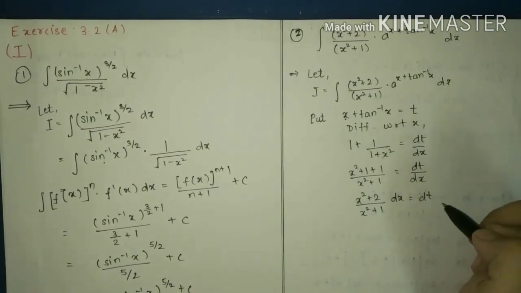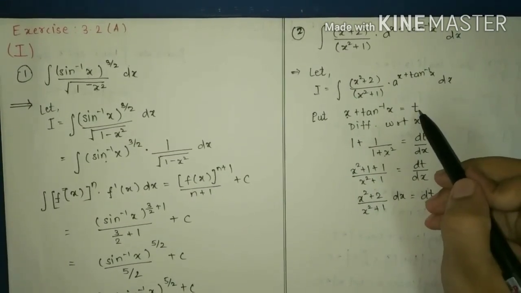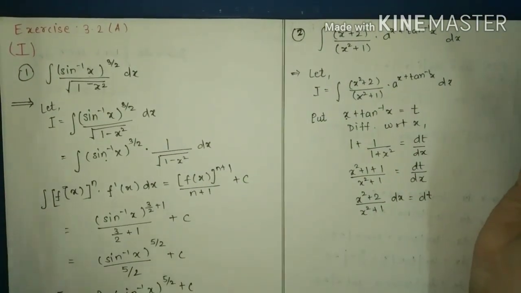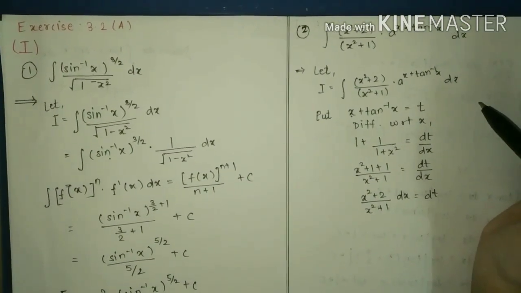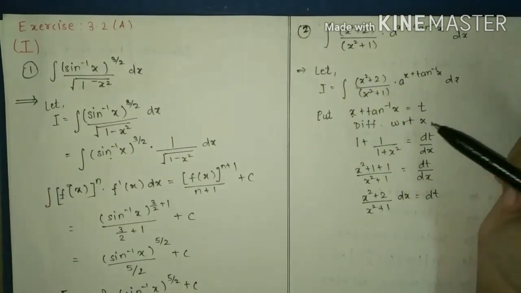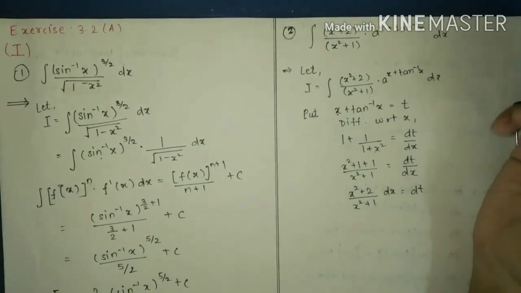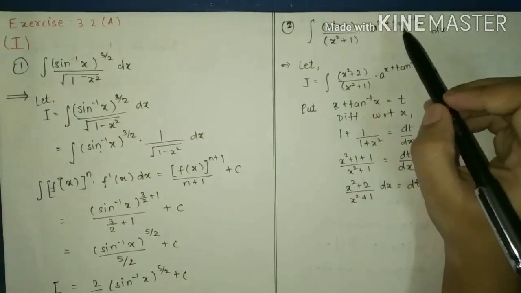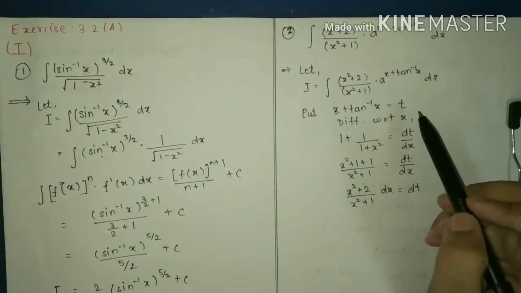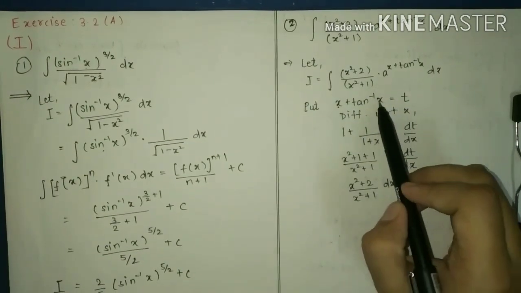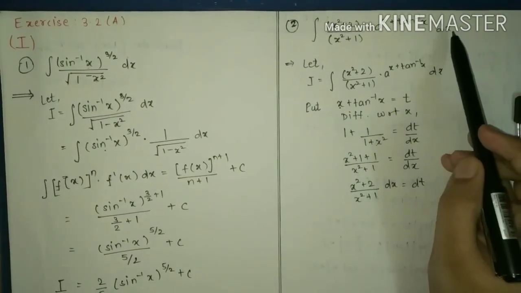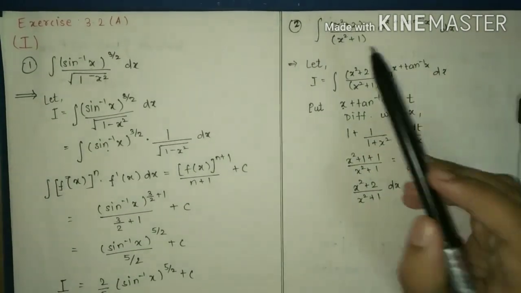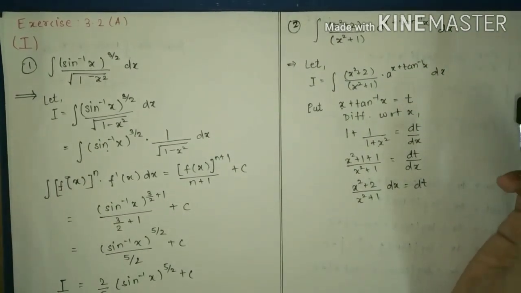So why have we done all this? When we substitute t, the whole question should be converted into the form of t. It is the rule of integration that it should have only one variable, and the operator should correspond to that variable. So if we substitute this bad power as t, then we have to convert this dx also to t, and the remaining terms also in the form of t.